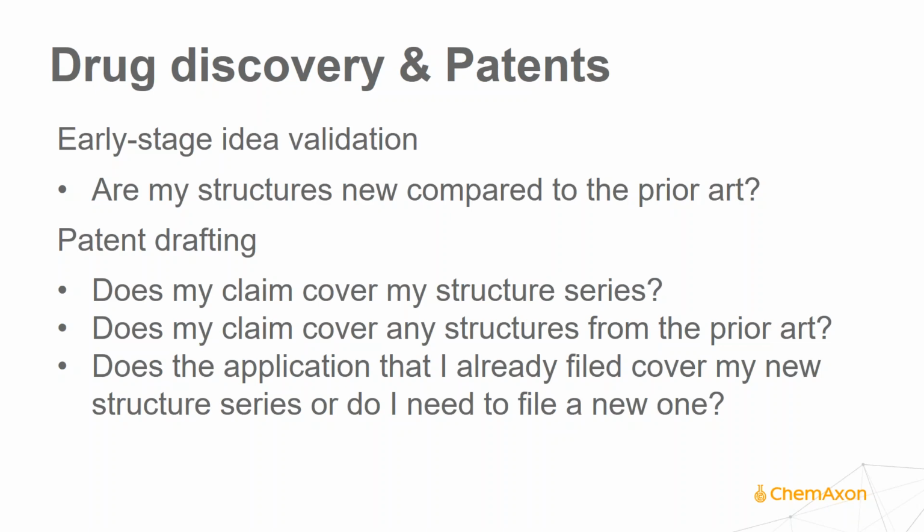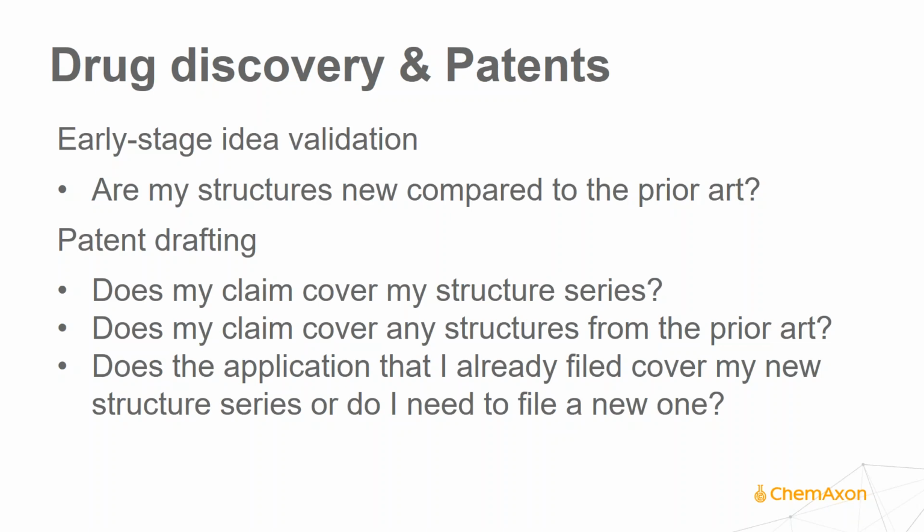In this case, you want to formulate claims, and you need to know whether these claims cover your structure series or not, and whether any of the claimed chemical space is covered by the competitor patents or not.